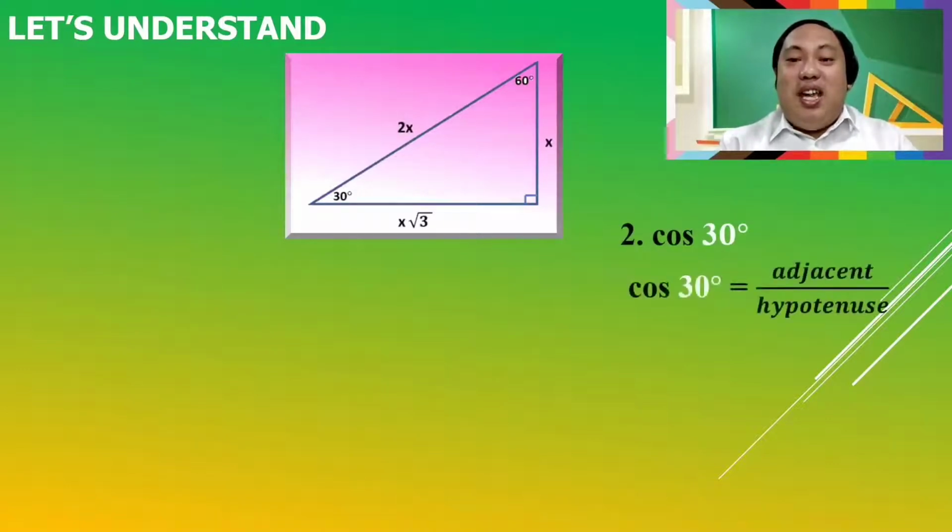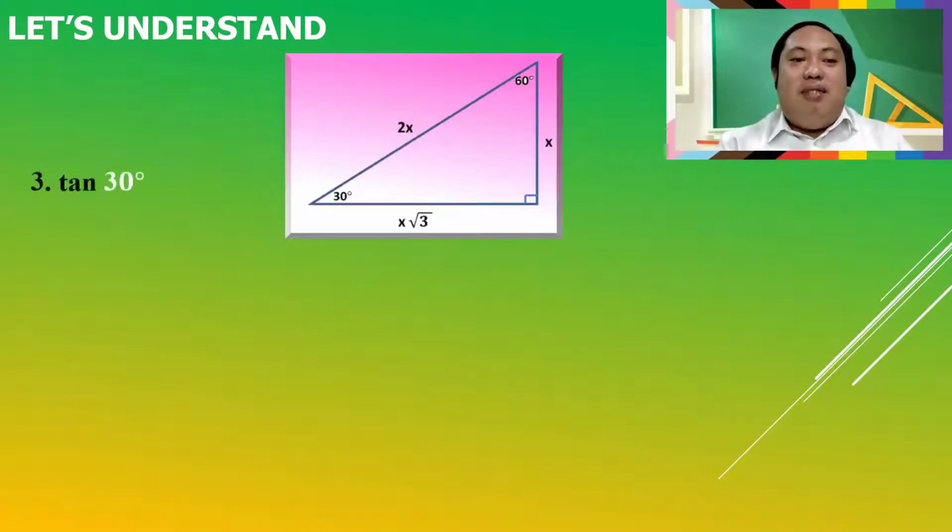Cosine 30 degrees equals adjacent side over hypotenuse. Then we have x square root of 3 as the adjacent side over 2x as the hypotenuse. Simplifying, we have square root of 3 over 2. Hence, our cosine 30 degrees is square root of 3 over 2.